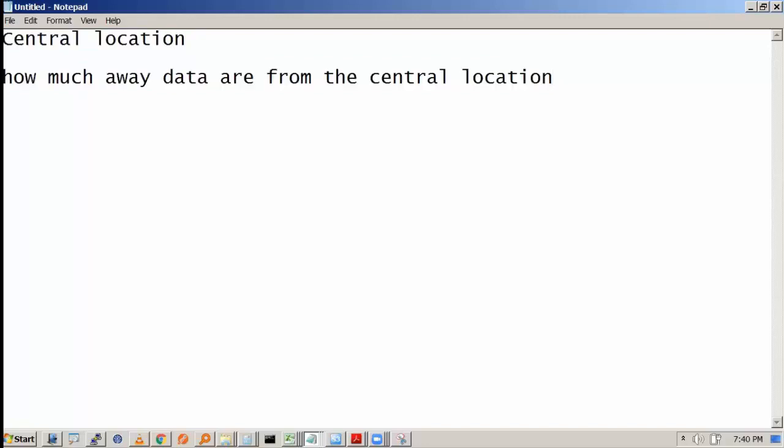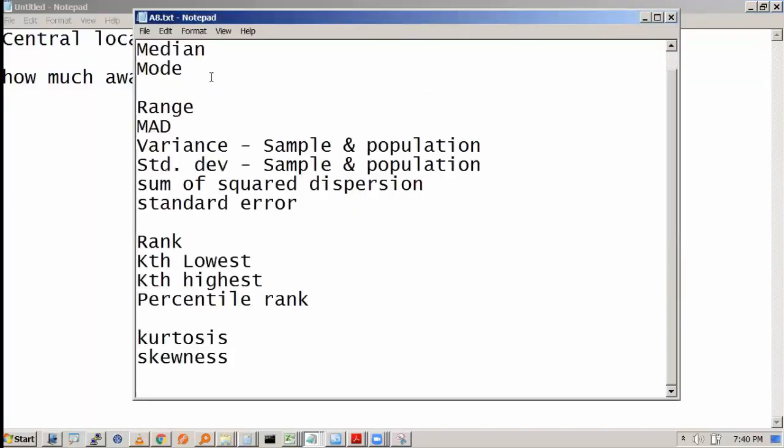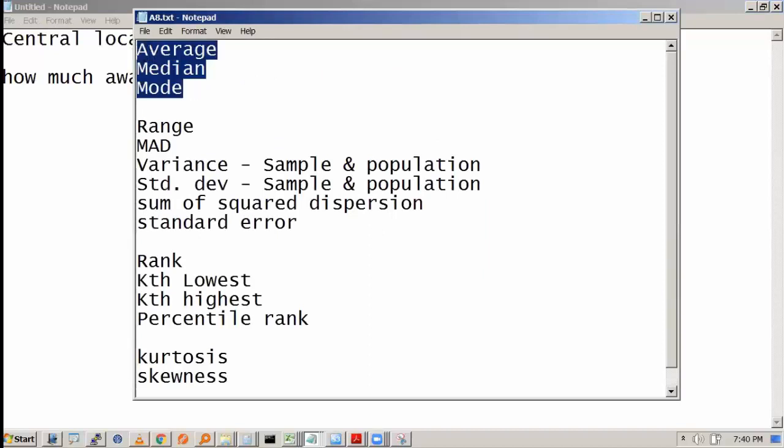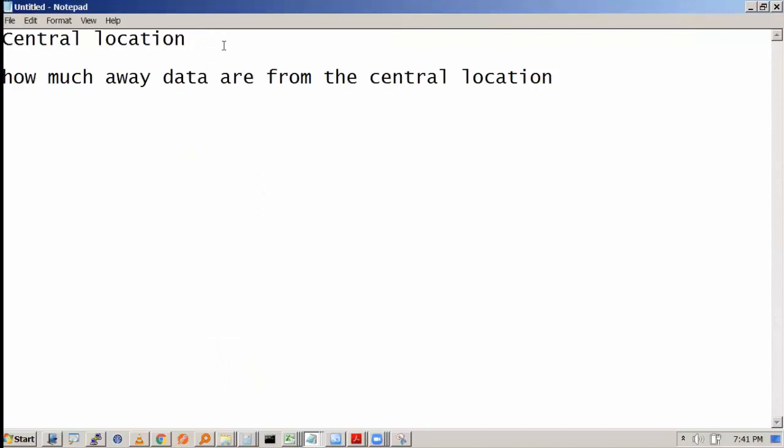Central location values we can compute using the average or mean. Then we have one more measure, which is median, and one more measure, which is mode.